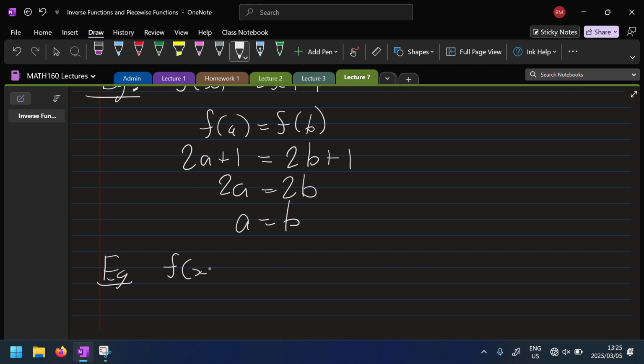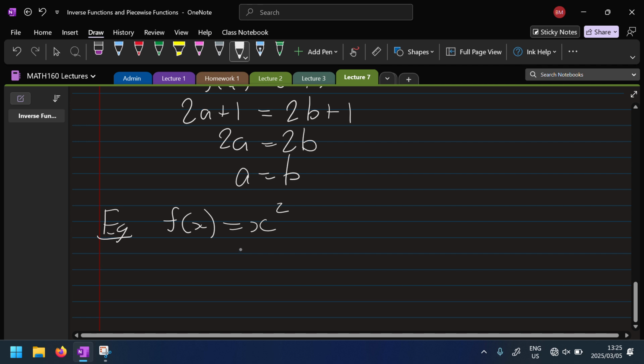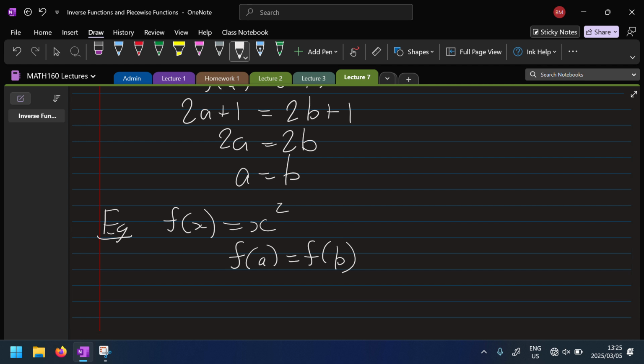Okay, so that's the example, and then the non-example. What happens if we have f of x equals x squared? Okay, we already know that this is not injective, but let's go through the steps. So f of a equals f of b. So a squared equals b squared. And now this is where problems start happening. If we have a squared equals b squared, you just take the roots on both sides and you're done.